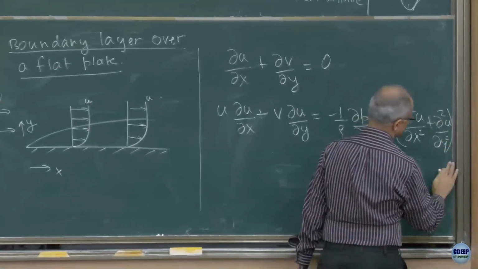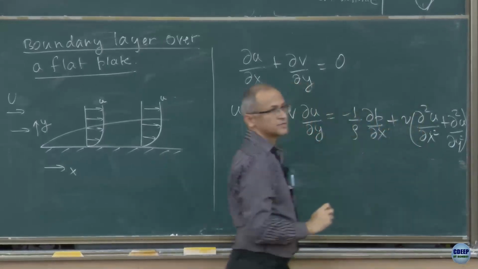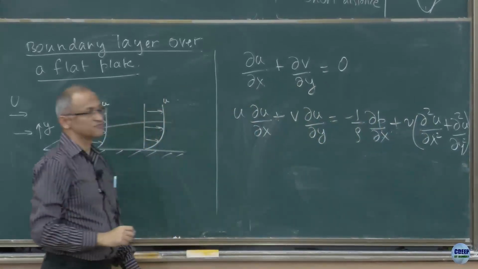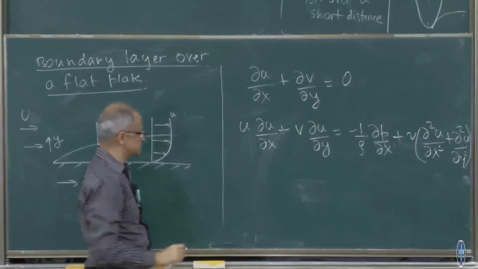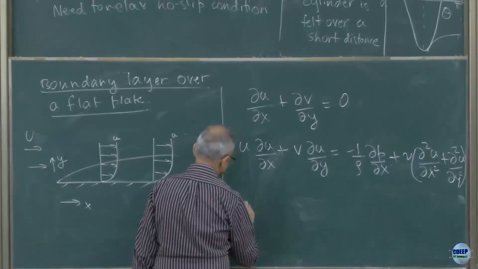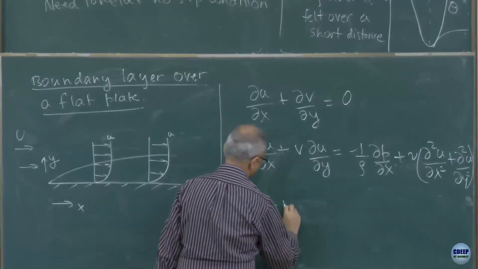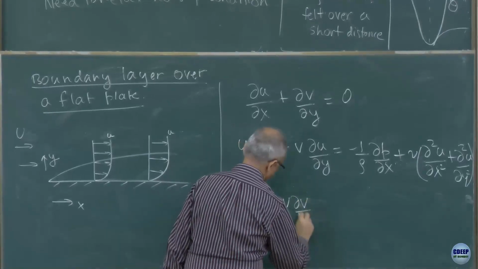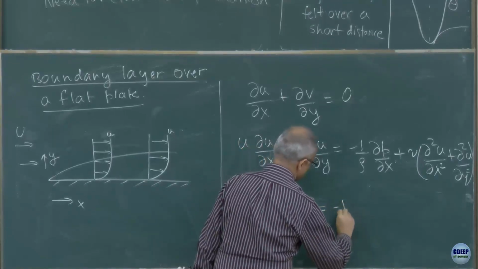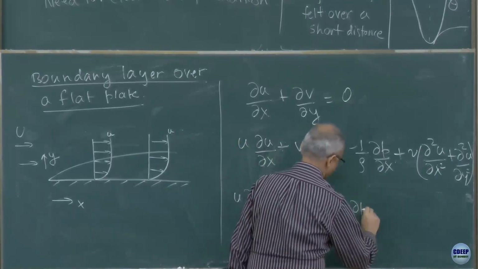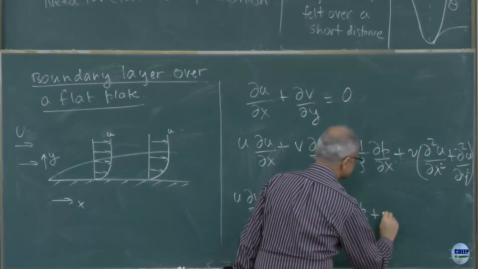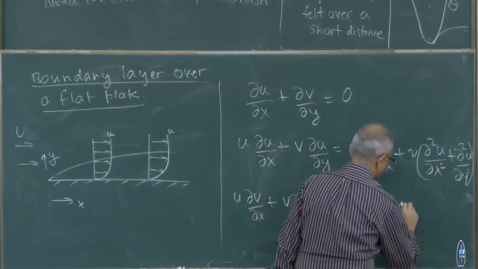So we're writing it out in 2D, and we are saying that the flow is steady, so we have removed the unsteady term from the equation. So these are the equations that we have.